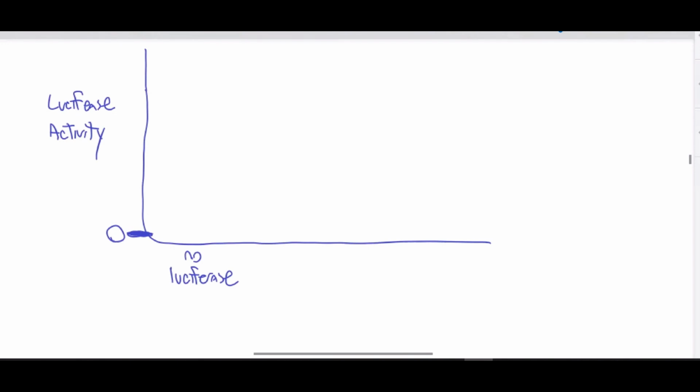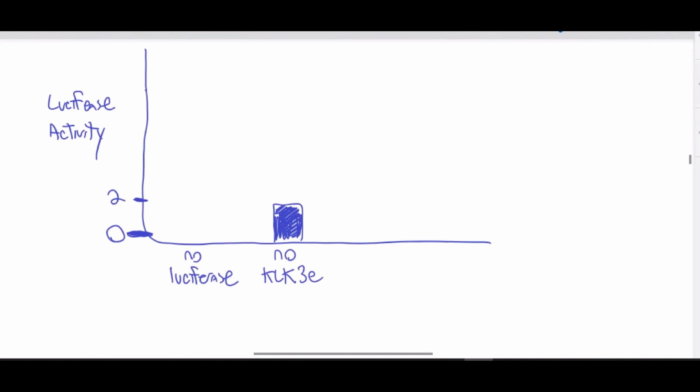So what about the plasmid that has the luciferase gene attached to the KLK2 promoter, but no enhancer? That one, we're going to have a sort of basal level of luciferase activity.